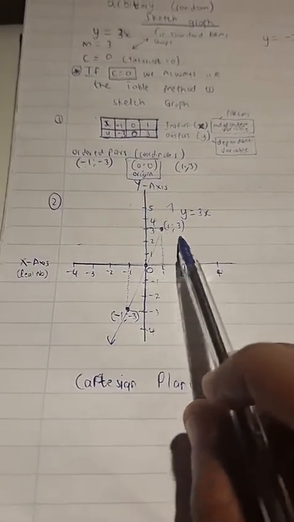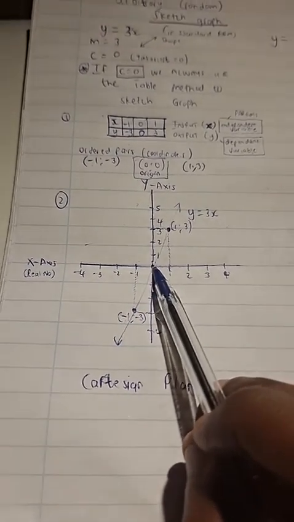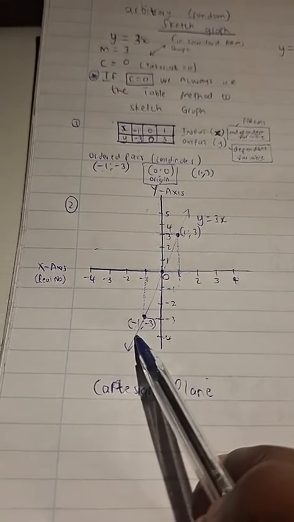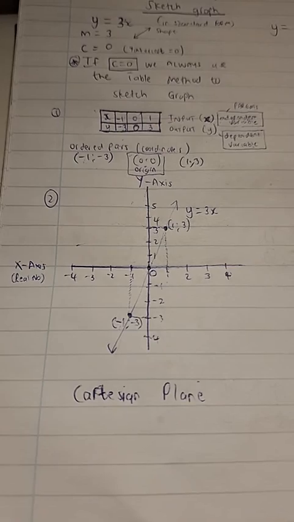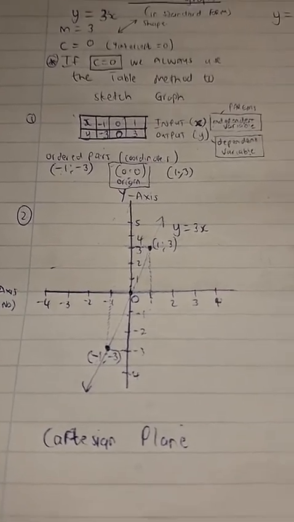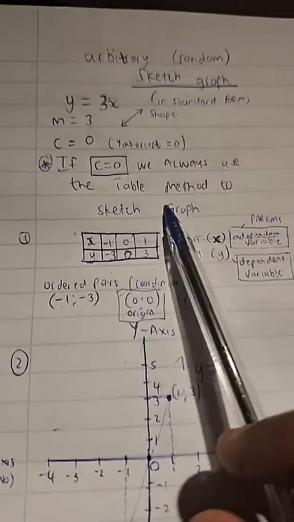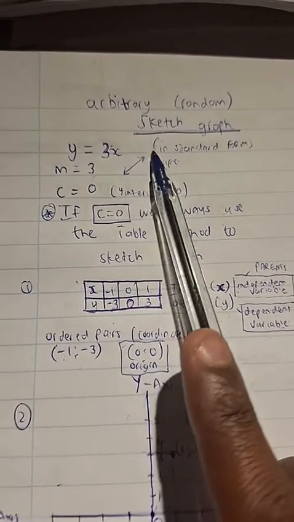Our points are very clear. They've been marked 1 and 3. Whoever is marking my work, the 0, you can see my point there. And there it is. I hope you guys understand and you are very much clear with this. So this is how we sketch a function whose C value is 0.